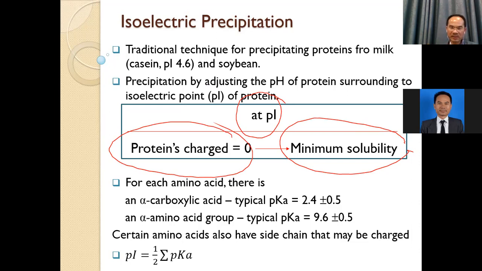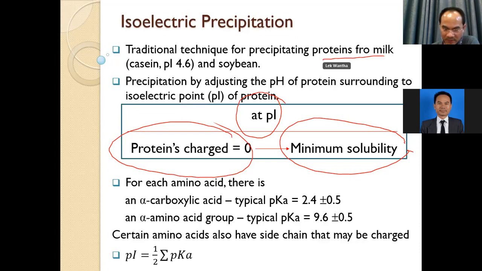If you would like to precipitate by isoelectric precipitation, you have to adjust the pH until you reach the pI.